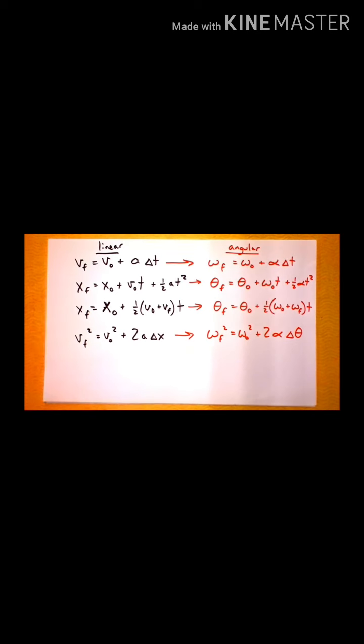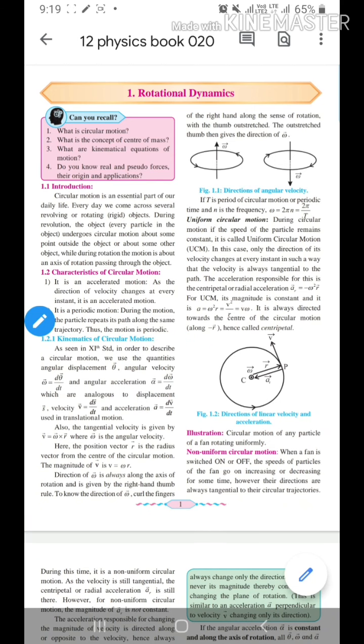Now the direction of angular velocity omega shown here is explained in this paragraph shown by the bracket here.